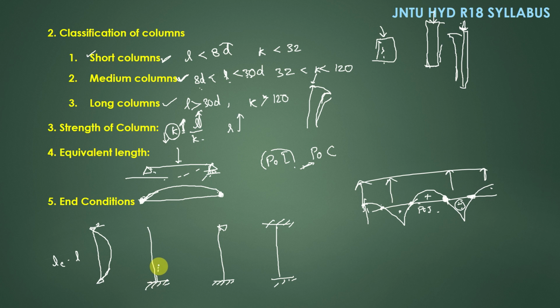And here, for the cantilever case, where one end is fixed and the other end is free, let me draw the bending moment here. It will be like this. Maximum bending moment occurs at the fixed end. So we have only one point where the bending moment touches zero, that is at the free end.